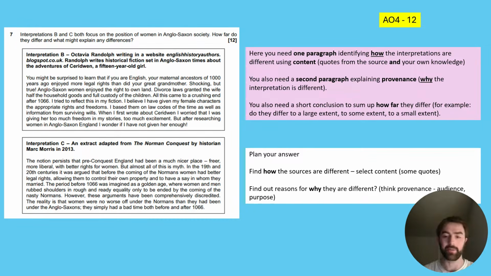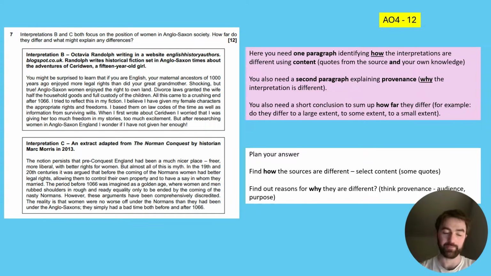So does the interpretation say, oh, women had a great position in society, which means interpretation A clearly thinks women had more rights or women had more freedom, whereas interpretation C suggests this. Here's a quote that backs that up.